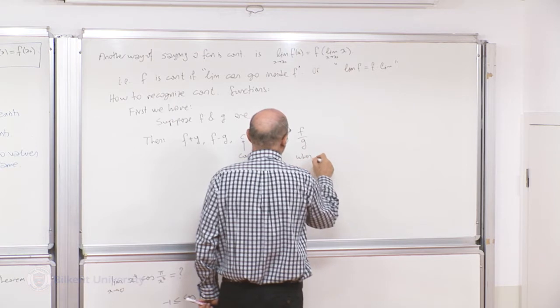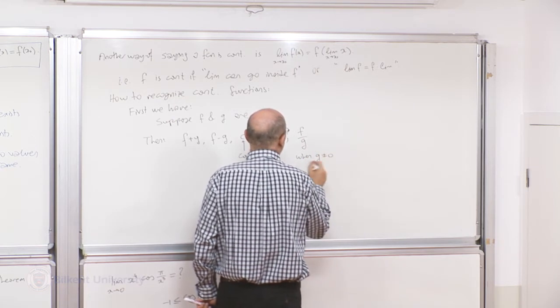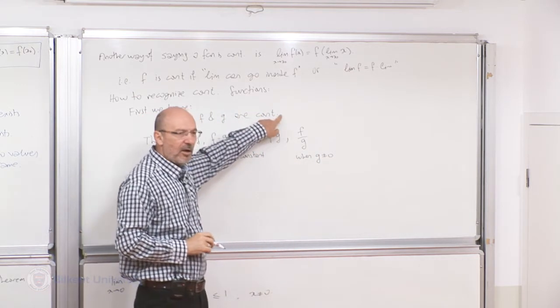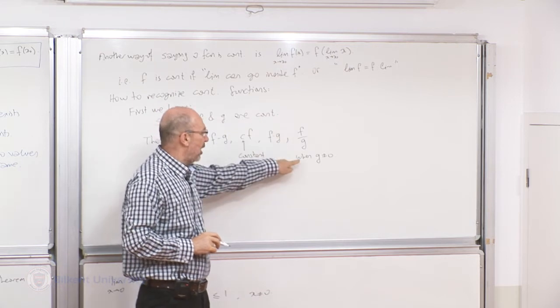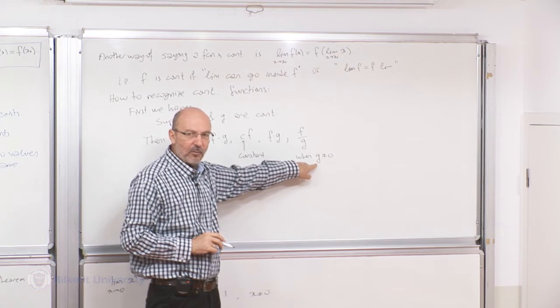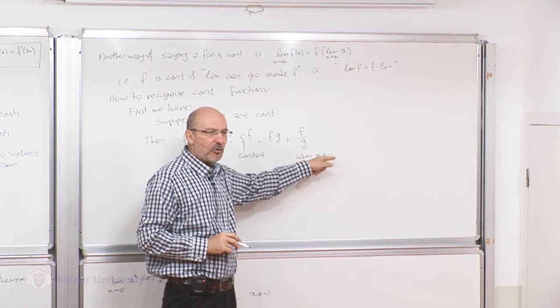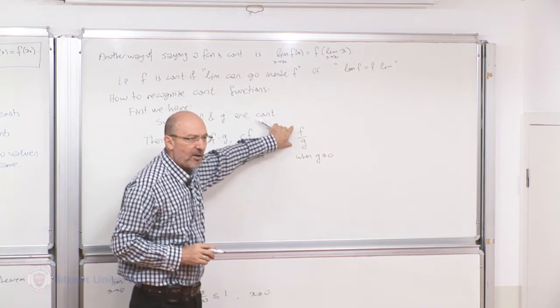So this is when g is different than 0 wherever you are calculating this. For example, if I'm looking at continuity at x sub 0, then here I want g of x sub 0 to be different than 0. Okay? So away from x sub 0, at certain points it may be 0, so this function may not be defined everywhere.